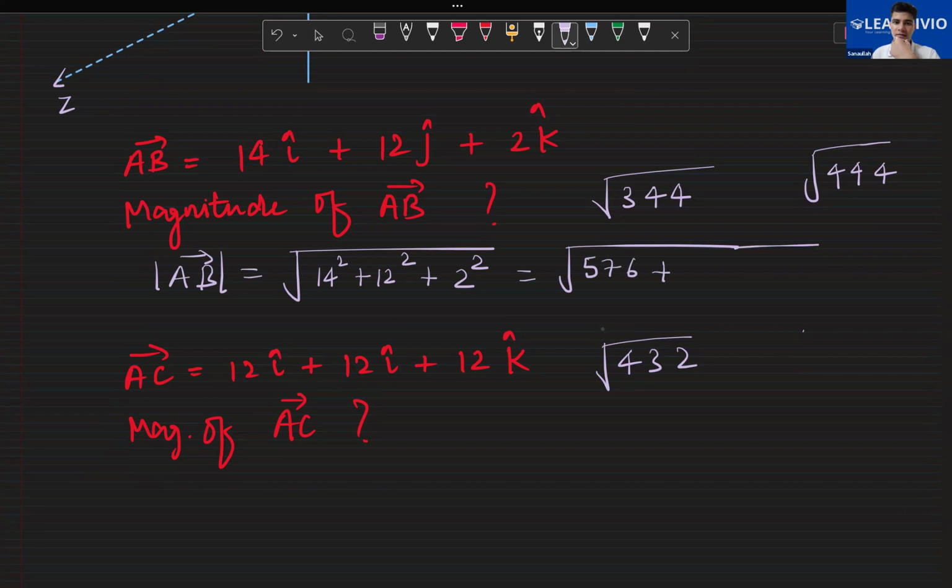What is 12 square? It's 144. And 2 square is 4.